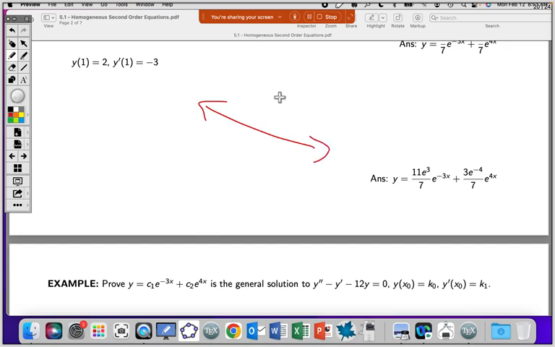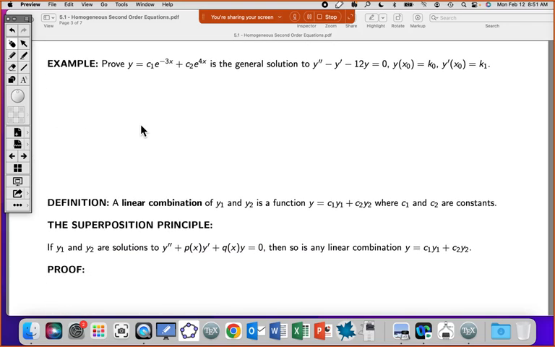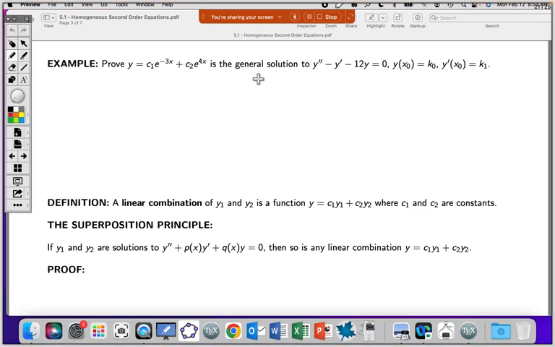Consider this part of your homework just to check to make sure you can do Cramer's rule, to see what's going on with that. Because we want to end today with proving that this is the general solution to any initial value problem. So once again, what does it mean to be the general solution?